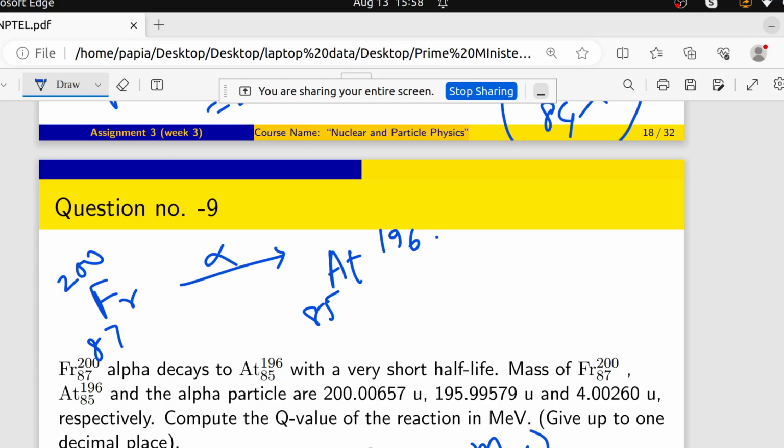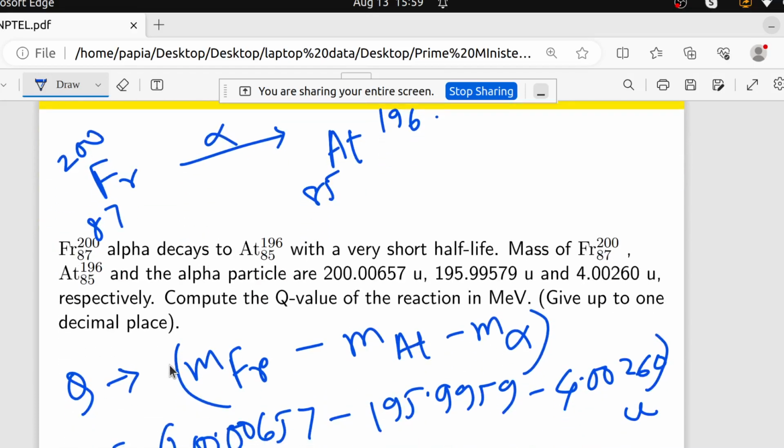Okay, so very simply you just do a little calculation: 200.00657 minus 195.99579 minus 4.00260. And these are all in U, the atomic mass unit. In atomic units it is given, but the question is asking about MeV.